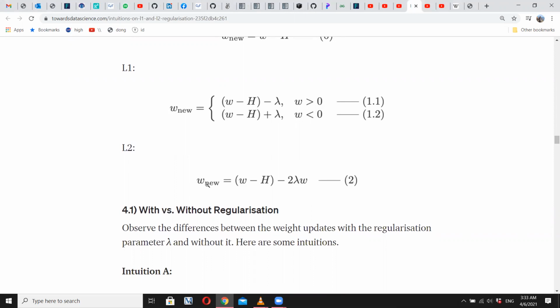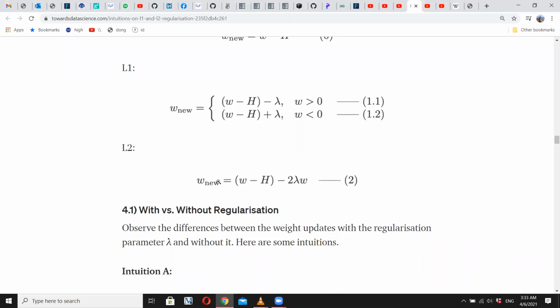In terms of L2 regularization, the slope is updated relative to the weight of the slope itself. If the slope is, let's say, 0.1, or very low, it doesn't matter how large a value of lambda you have, since the step size corresponds to your weight, you'll move slowly towards 0. But with L1, the step towards 0 is only dependent upon lambda, whereas here it is also dependent upon w.